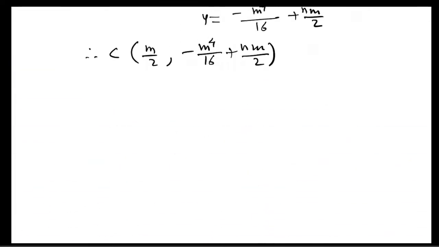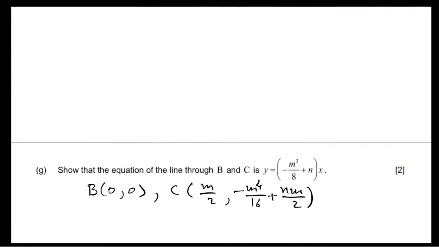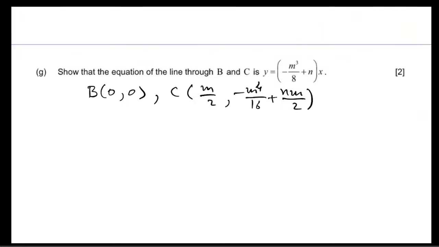Now the line passing through B will have y is equal to mx plus c, and c will be 0 because it passes through the origin. So therefore, the y-intercept will be 0.